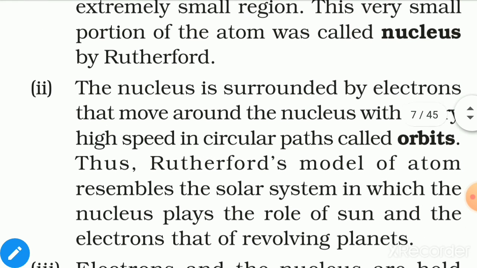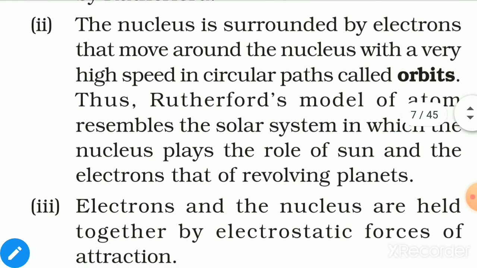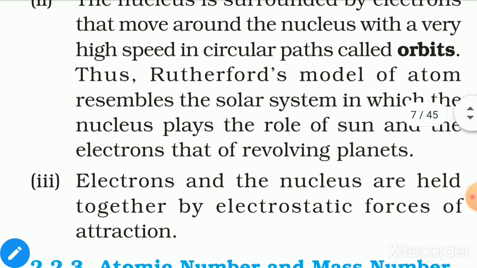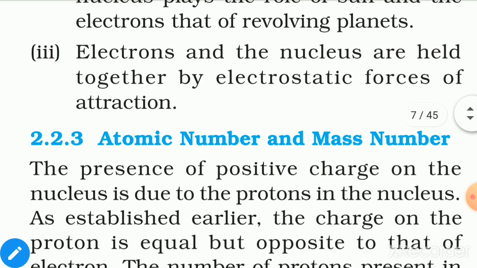The nucleus is surrounded by electrons that move around the nucleus with very high speed in circular paths called orbits. Thus, the Rutherford model of the atom resembles the solar system, in which the nucleus plays the role of the sun and the electrons that of revolving planets. Electrons and the nucleus are held together by electrostatic force of attraction.